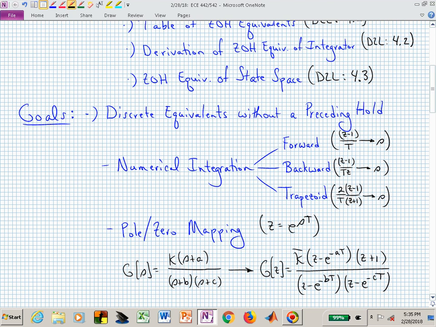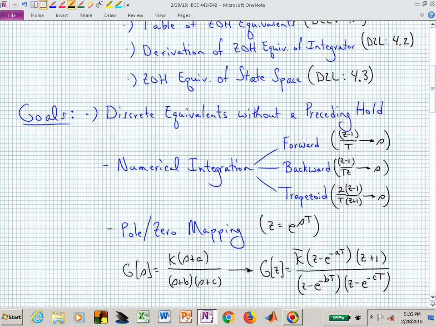The only thing that might be a little bit interesting is where did this Z plus 1 factor come from? That's due to the number of zeros at infinity in your original transfer function G of S. In G of S here, how many zeros at infinity are there? There's one, because we have a difference in the orders of our denominator and numerator.